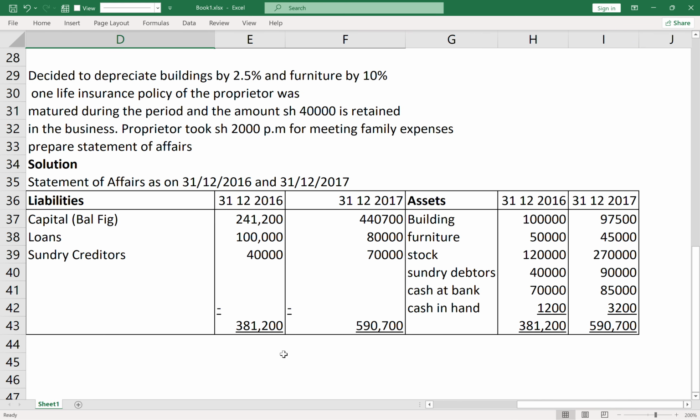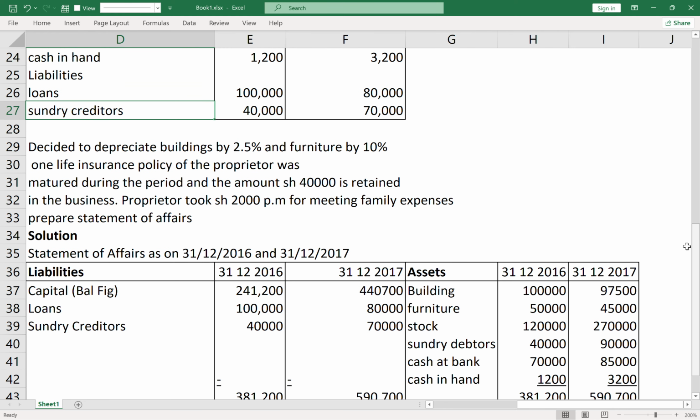So we are going to draw the two sides, the liability on the left side and the asset on the right side, for both years. So our liabilities, as you can see from our question, we are told we have loan and sundry creditors. Then we also have to bring the balancing figure, or the capital.